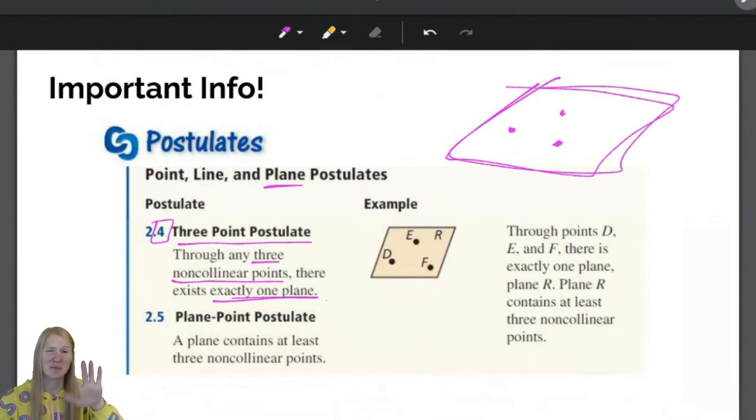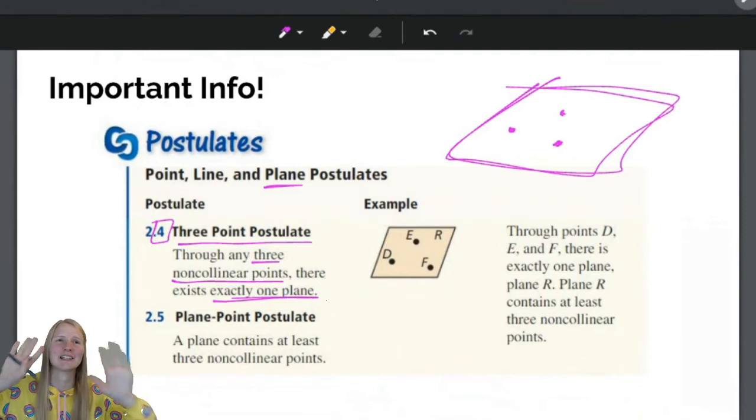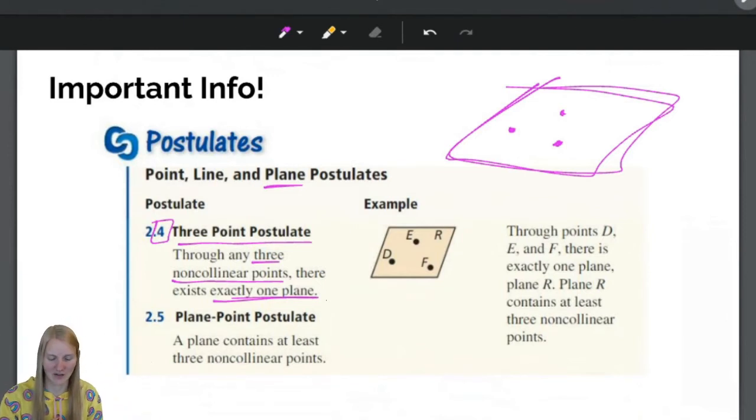This would be better visualized in 3 dimensions, but unfortunately you're watching me in a video, and I am only in 2 dimensions in this video. So there is exactly 1 plane for any 3 non-collinear points. And a plane contains at least 3 non-collinear points.